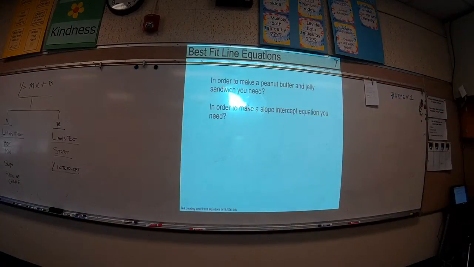Sophia, what two things does it take to make a peanut butter and jelly sandwich? Andrew, what two things does it take to make a slope-intercept equation? What two things does it take to make a ham and cheese sandwich?